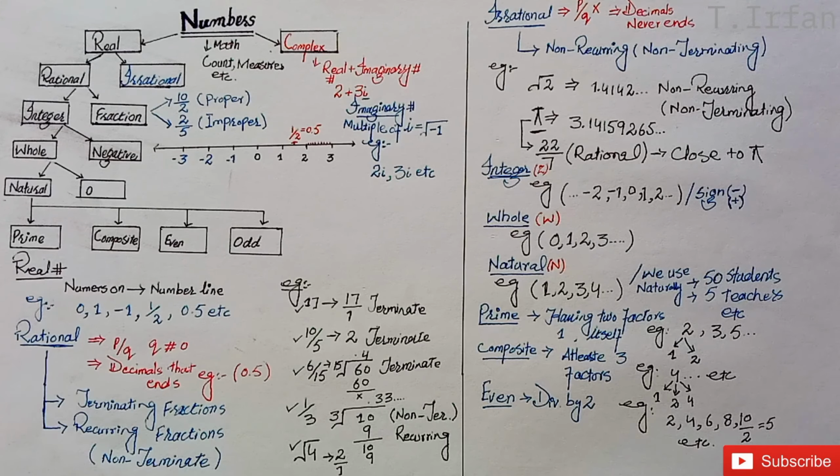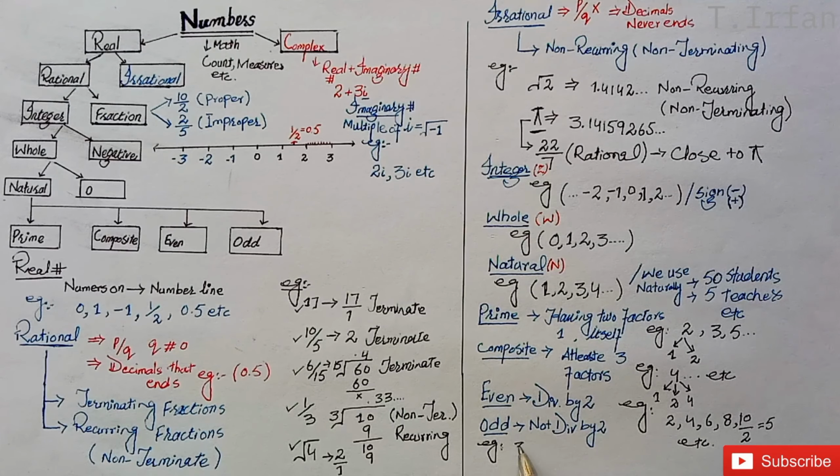All the even numbers are divisible by 2. While on the other hand, odd numbers are those natural numbers which are not divisible by 2. For example, 3, 5, 7, etc. These are examples of odd numbers.